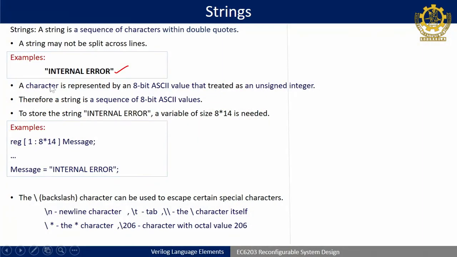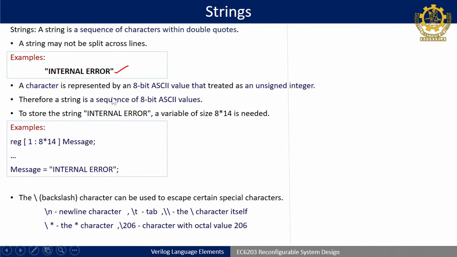This string can be saved in a particular register also. We have taken one example in which we have to store a particular string for certain data computation. A character is represented as an 8-bit ASCII value, which is treated as an unsigned integer.